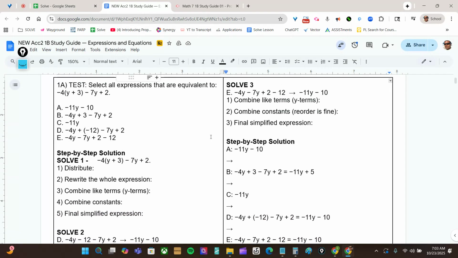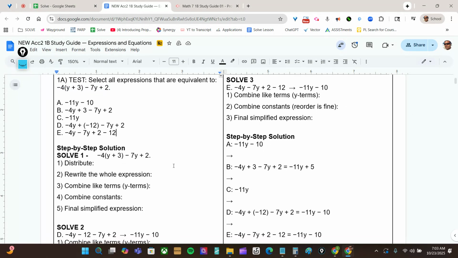Question 1A here, test type question, which is select all the expressions that are equivalent to the expression right here. All right, so then they give us these options A through E. So the first step is you need to solve the original expression.